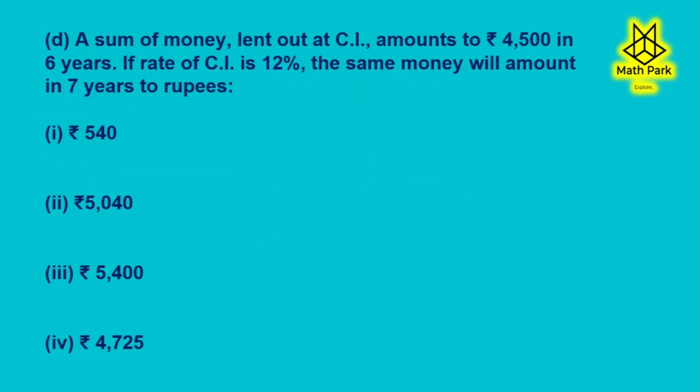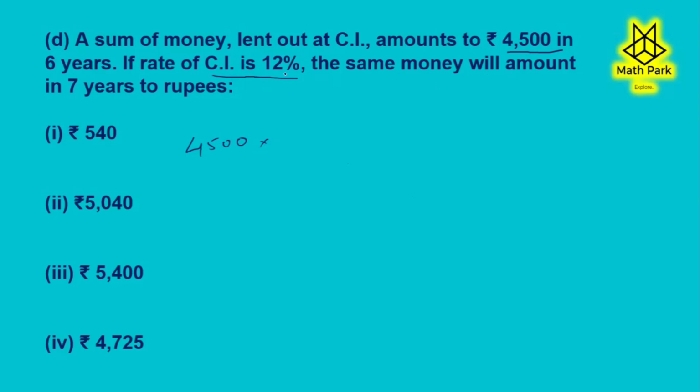A sum of money lent out at compound interest amounts to rupees 4,500 in 6 years. If the rate of compound interest is 12%, the same sum of money will amount to what in 7 years? So that means just 1 year you have to find out. So this is the principal, 4,500 into 1 plus R upon 100.